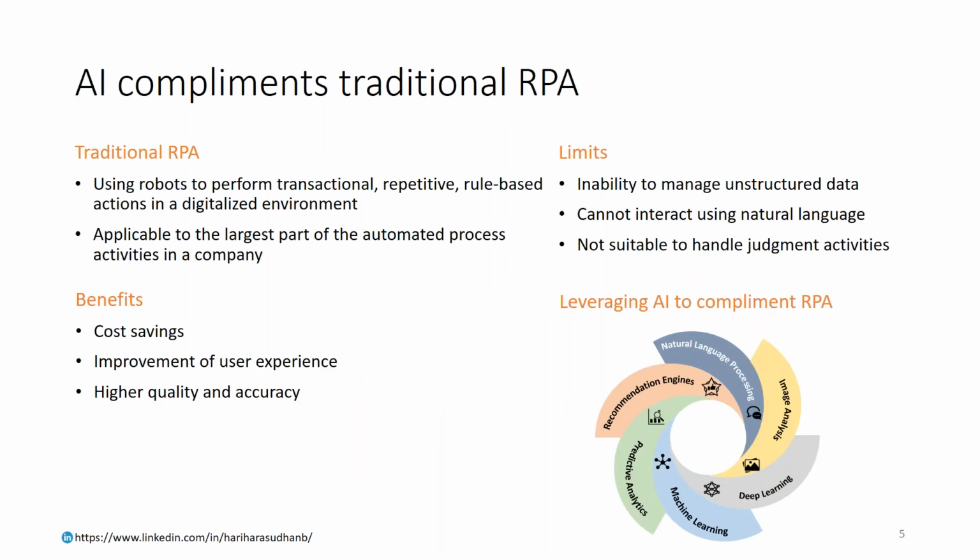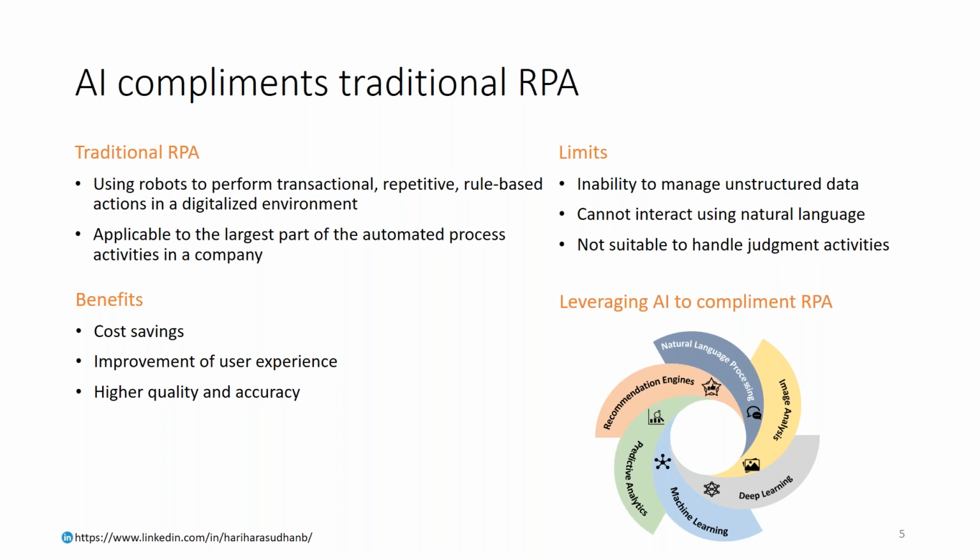Moving forward, let's try to understand what a traditional RPA does. What I was saying, it's almost the same in the slide. Basic traditional robotic process automation is utilizing robots to perform transactional, repetitive or rule-based actions in a digital environment.